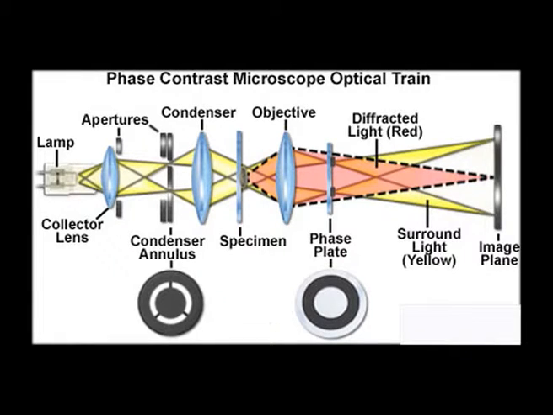While it goes through the specimen, the D ray is decreased by lambda by 4 compared to the S ray. Now a phase plate is an important component of the phase contrast microscope, and this enhances the phase of the S wave by lambda by 4. So if you now think of it with the object as well as the phase plate, the S wave is enhanced by lambda by 2 compared to the D wave.